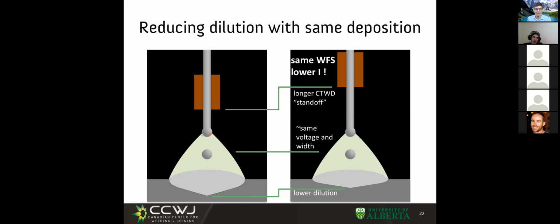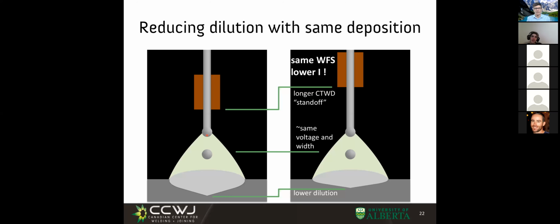So every time I'm negative, I'm putting more energy into the electrode. And even if I don't move my contact tip to workpiece distance, I would be putting more energy, therefore I would be having less current, therefore I would be having less penetration. A little bit of understanding and we can make sense of so many things.